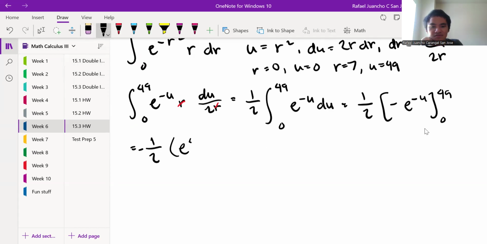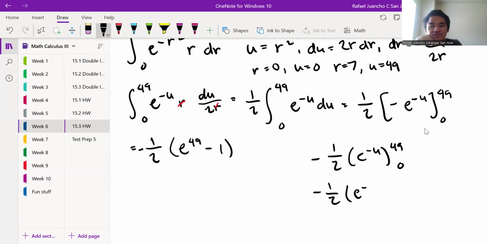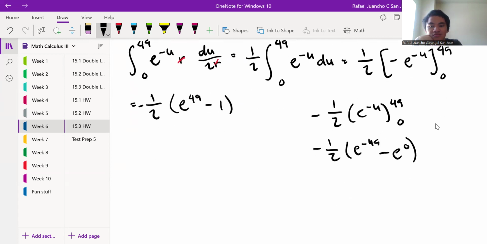This one is just e to the 49 plus 1, right? Actually, it's -1. My bad. Because this is negative, I get e to the 0.